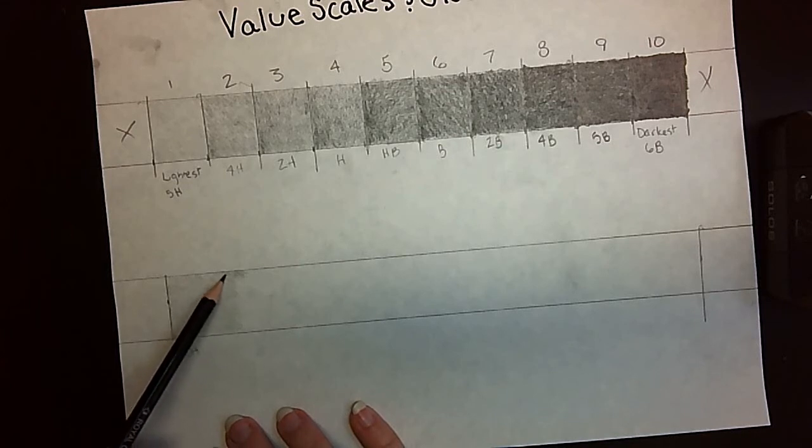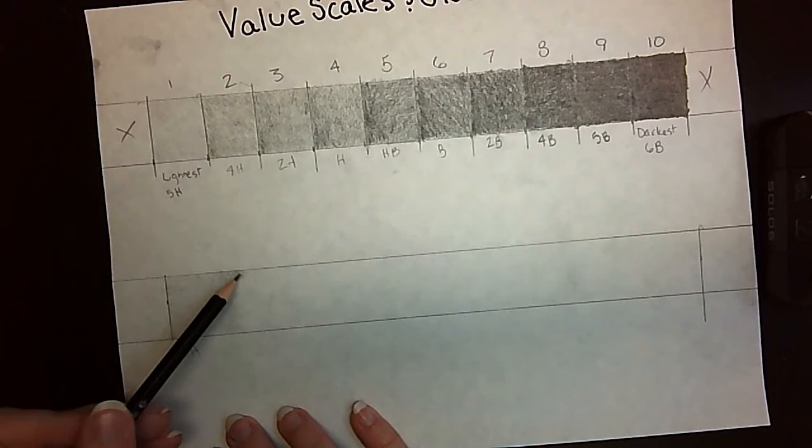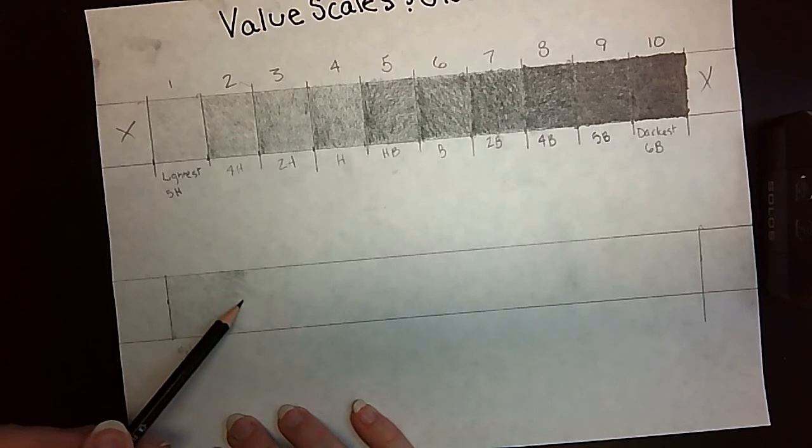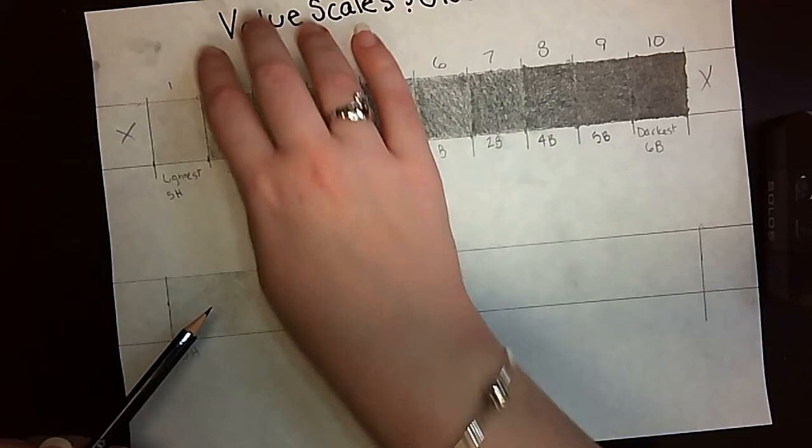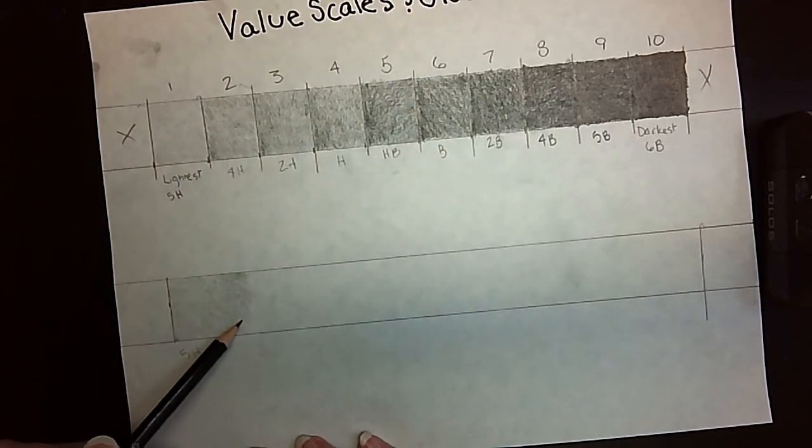Right. And then I'm going to keep going with my 4H in the area that's going to stay that value. It's going to be a level 2 value. So now I'm doing just slightly more pressure on my pencil, still not a lot.